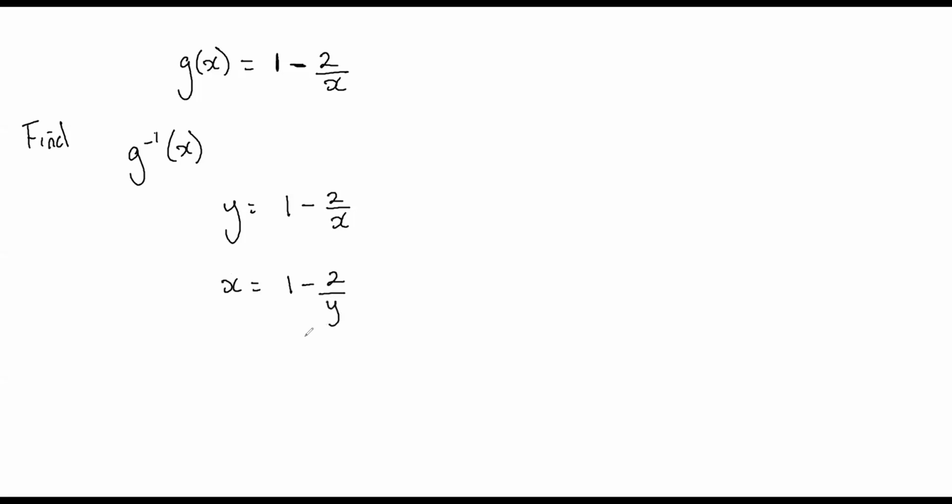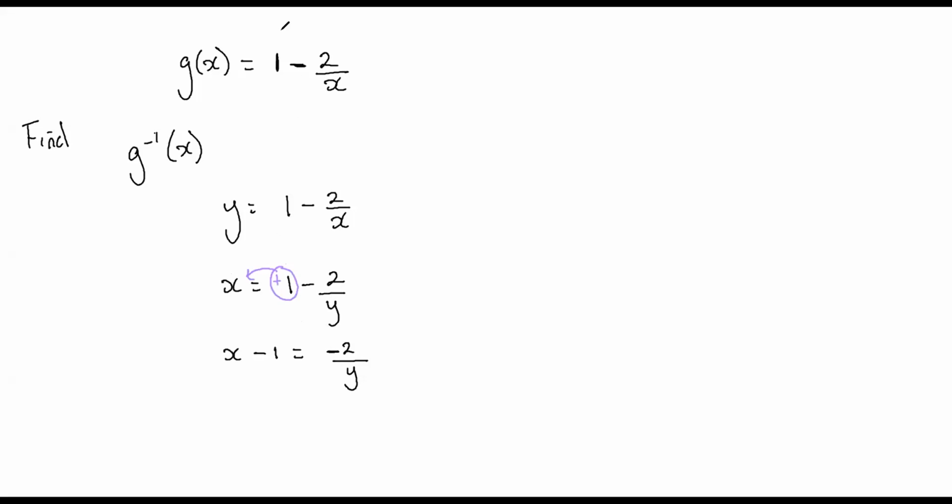Now make y the subject of the formula, so it will be x minus 1. Hold on, I hear somebody say plus 1. No. What you have to remember is that in front of this 1 is a plus 1, so when you move it across, it becomes minus 1.